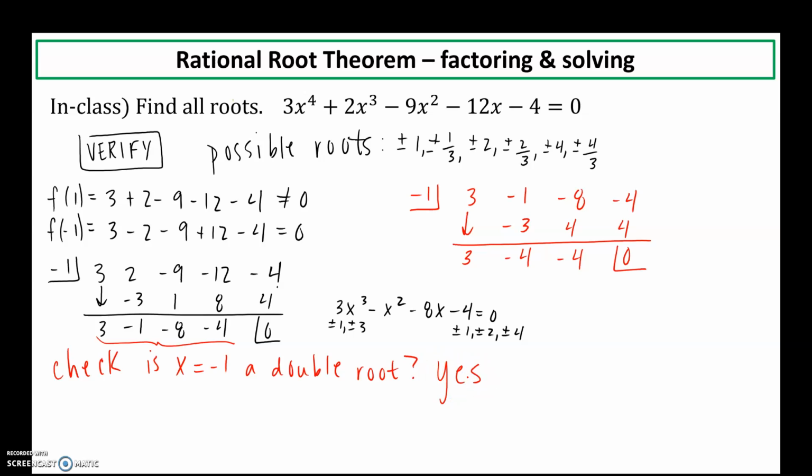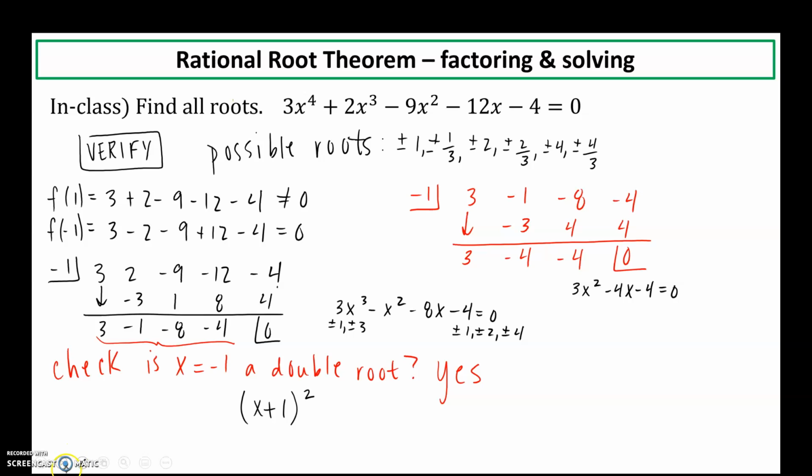Yes, it is. And a lot of things are good for us. So right now I know that x plus 1 quantity squared is a factor of my original. And furthermore, look at what our quotient now is. It's a quadratic. And now from here, we can attempt to factor it or use the quadratic formula.